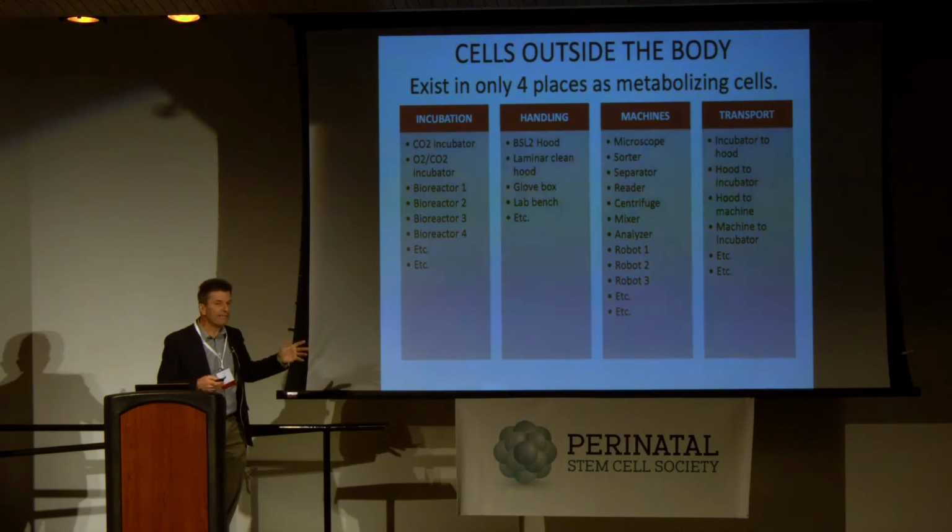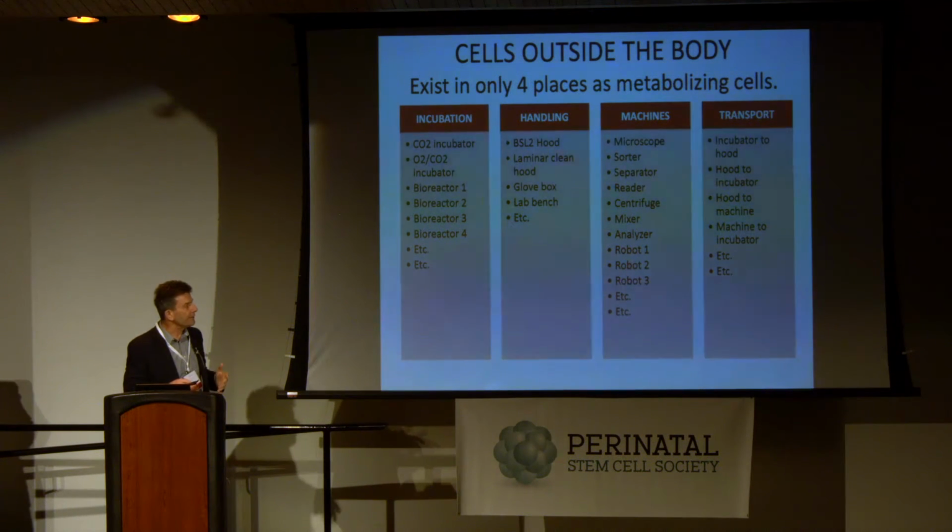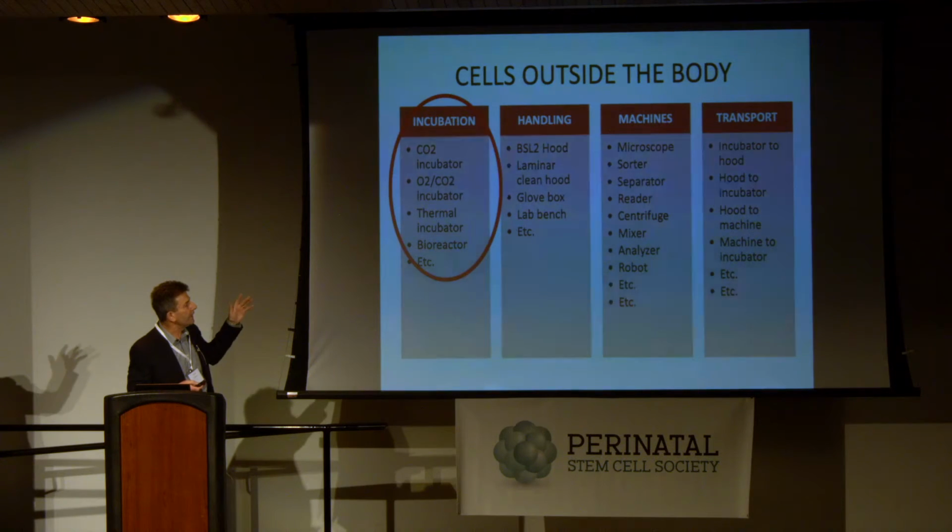There are many different types of machines now, analytic and process machines for doing cells. And then finally, they're in transport between 2 of these. So this is a simplification, and I'd like to address each one of these really quickly.